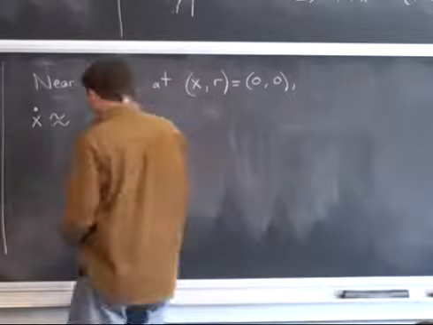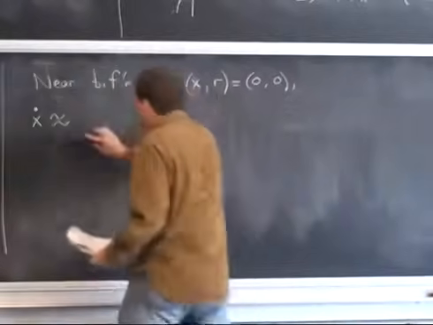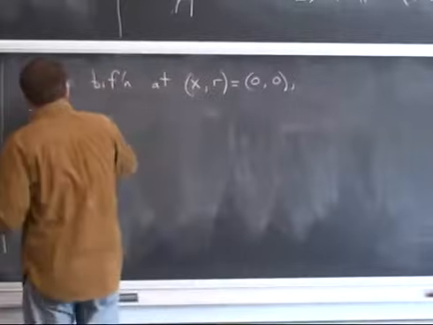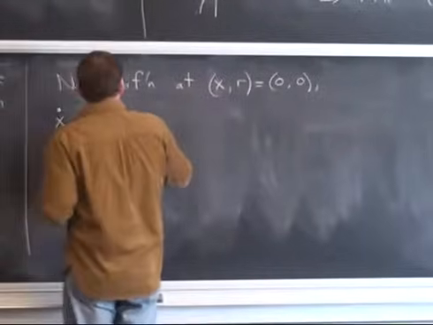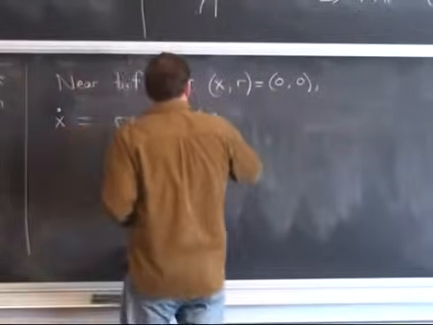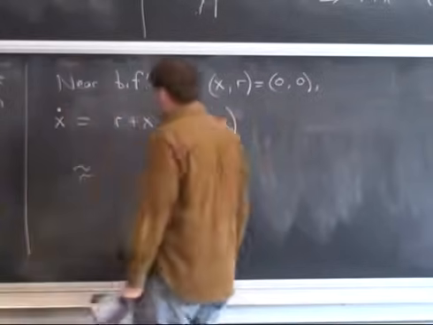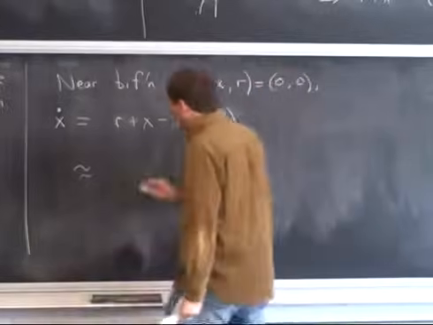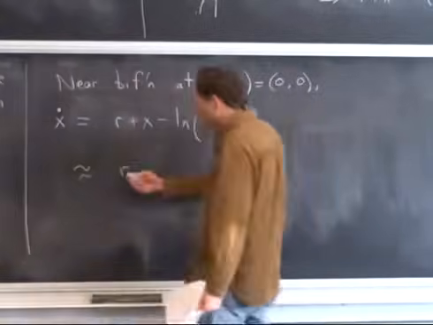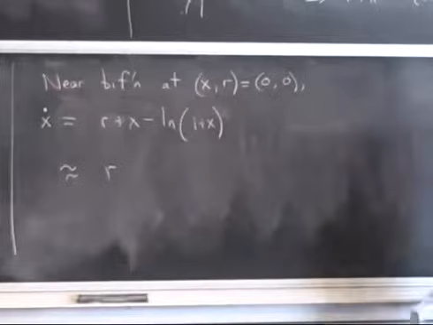So actually, maybe it's clearer to write it this way. Let's just reproduce what x dot is. It's r plus x minus log of 1 plus x. But then keeping the leading behavior in both r and x, the r we don't want to get rid of, even though it's small. We've got to keep something that tells us about r.